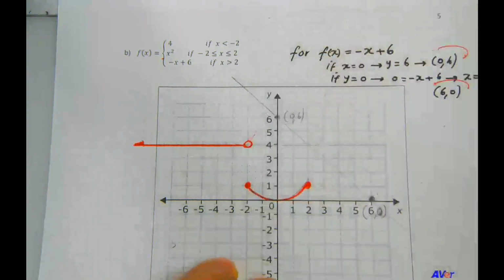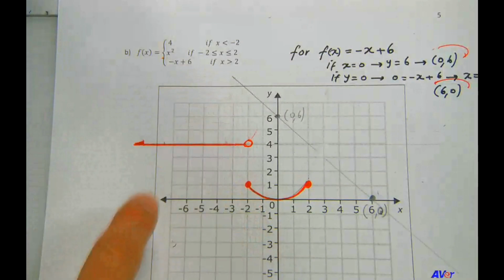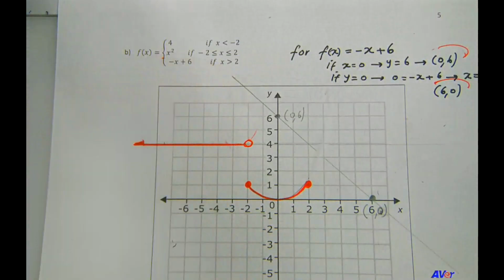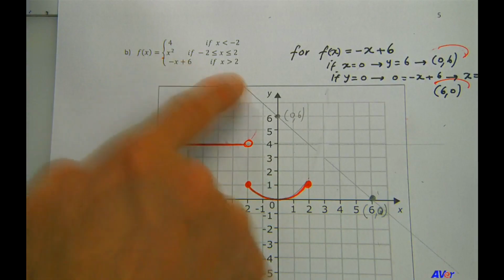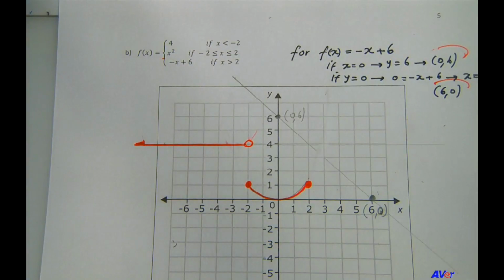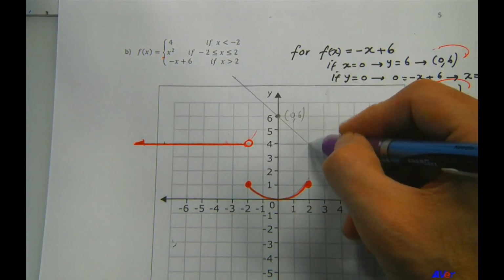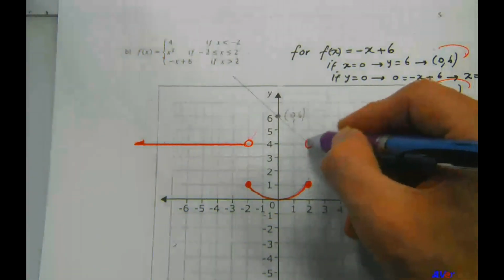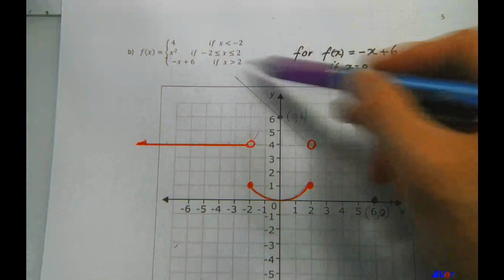Okay. So what happens after 2? Beyond x equals 2, the function is equal to this straight line, which we've already drawn fully. So beyond 2, that means greater than 2, right there, we put a hollow circle, because along this function, x cannot be equal to 2.